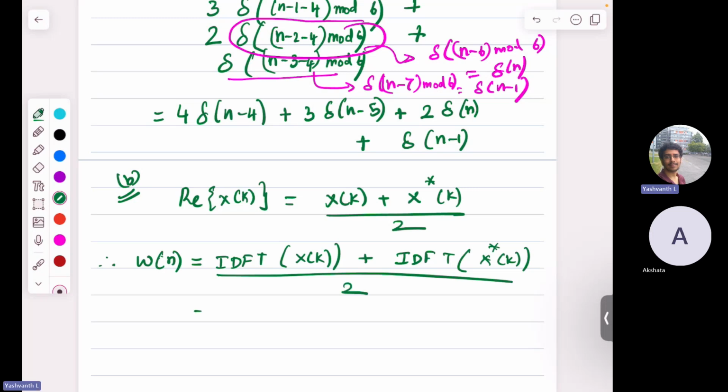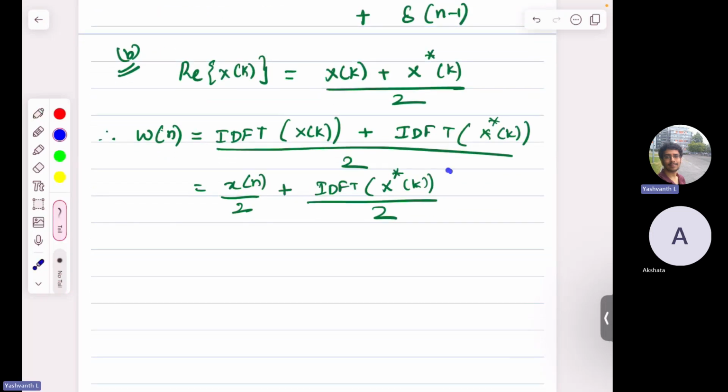The IDFT of X of k is nothing but x of n, so we get x of n by 2 plus the IDFT of X conjugate of k by 2. What remains is that we need to compute the IDFT of X conjugate of k.